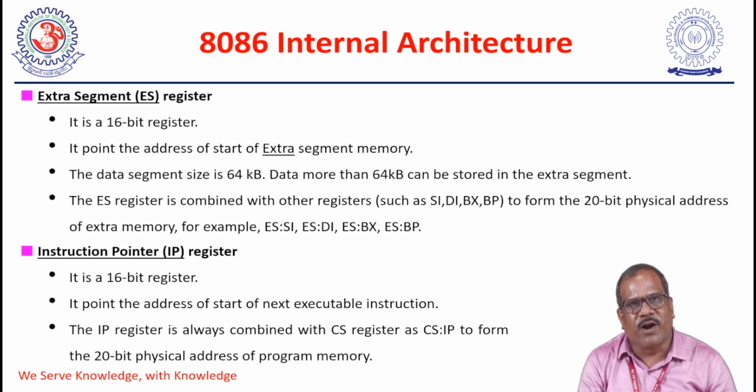The instruction pointer is the memory pointer. It creates a location in program memory space for the next instruction to be stored. The instruction pointer register is always combined with the code segment register, that is, CS combined with IP gives the 20-bit physical address of program memory.